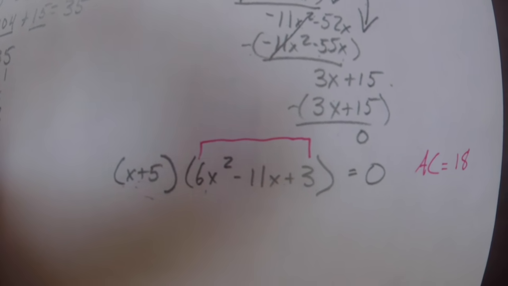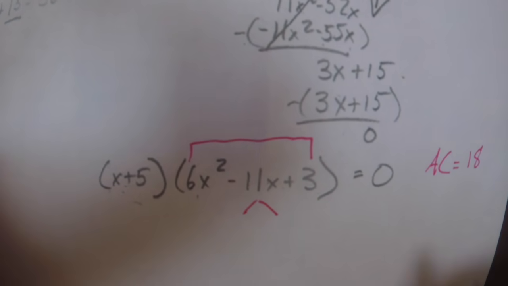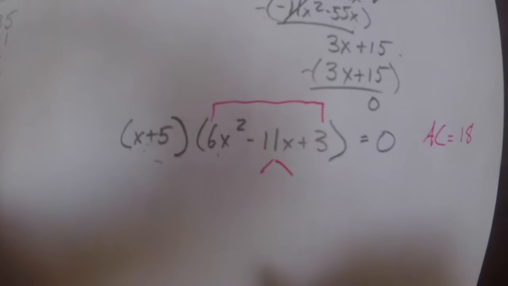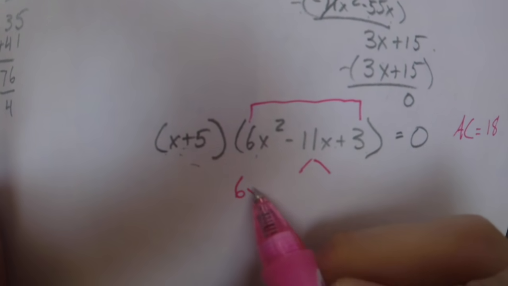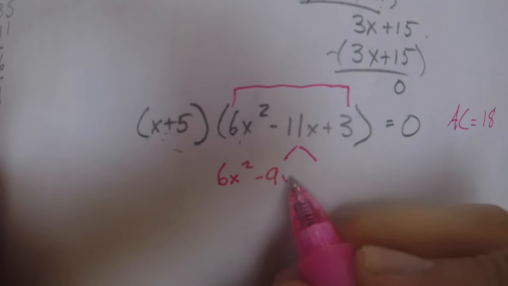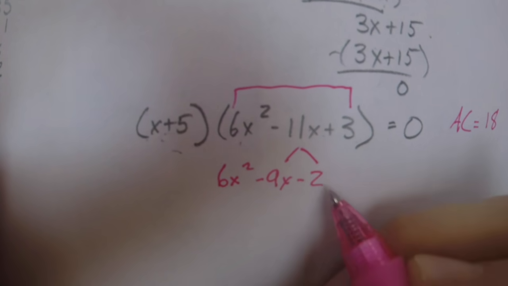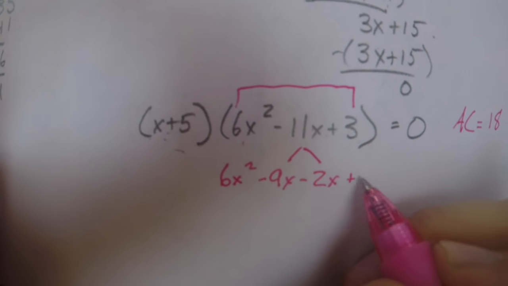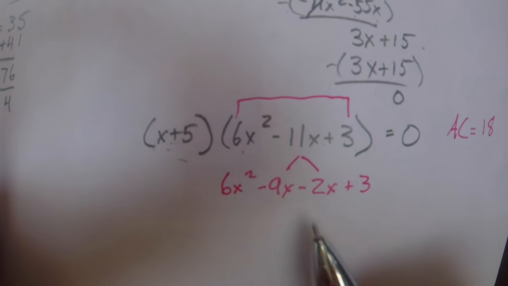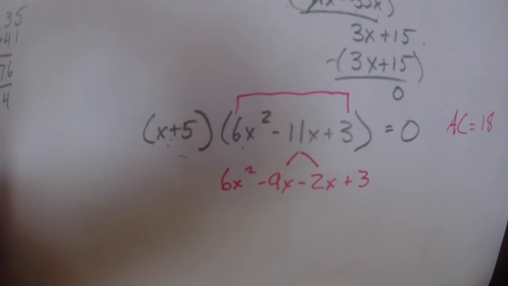What two numbers multiply to positive 18 but add up to negative 11? Anyone get it yet? How about negative 9 and negative 2? If I combine like terms, I get negative 11. That's good.